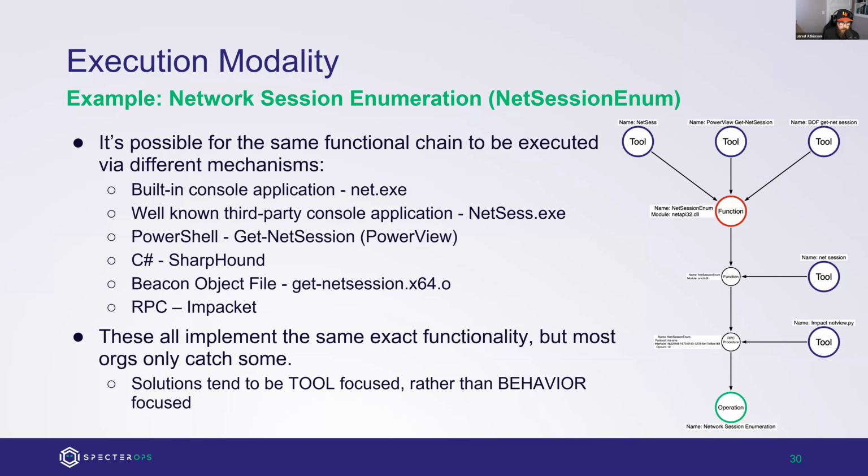It's not actually plotted in this picture, but it would also be along that top line there. We have the beacon object file, the Get-NetSession BOF. And then Impacket has a tool called netview.py, which also implements the same functionality, but it does so at the RPC layer. So it skips over all the API functions and does it at the RPC layer.